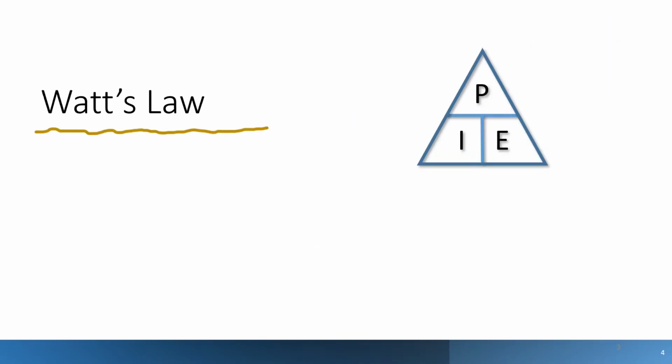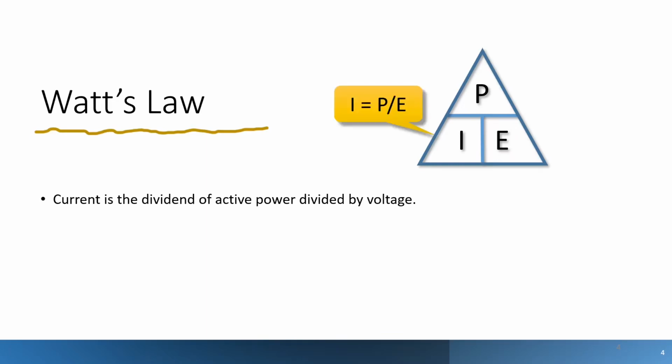Let's look at Watt's law here. So current is the dividend of active power divided by voltage. I'm kind of specific when I say active power. When we get into alternating current circuits, we're going to understand why I specifically denote active power. But for now, with DC, all power is active. We could just say it is power.